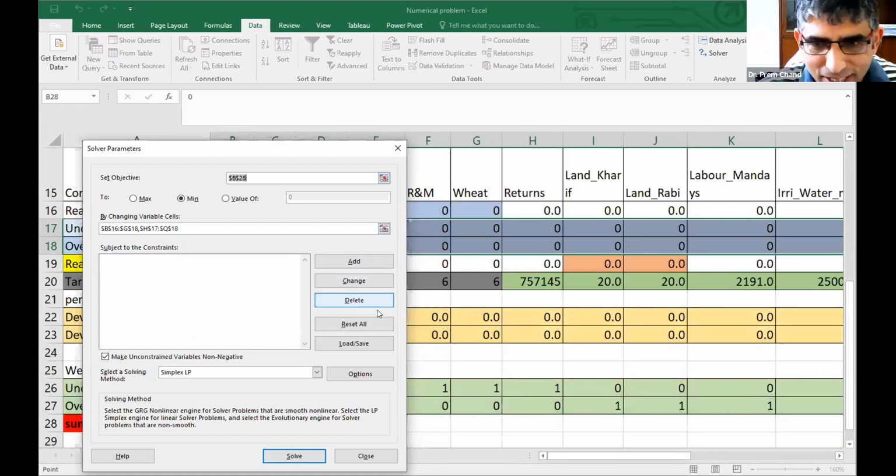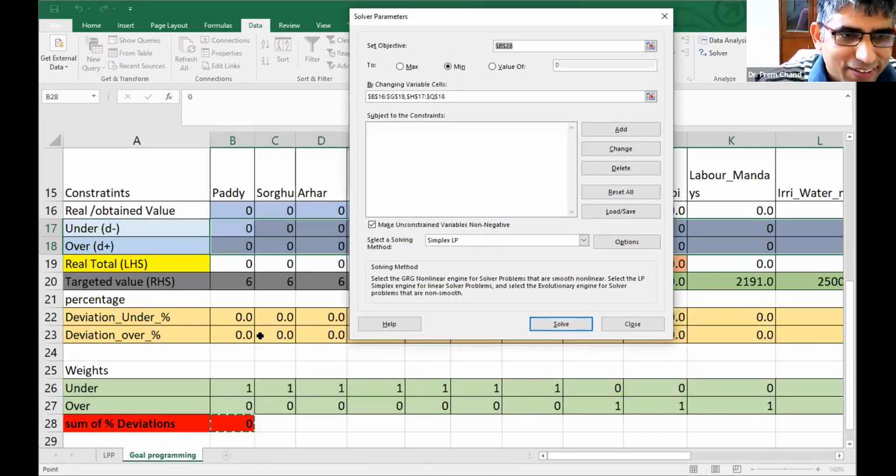So my constraint is this one, what? Right hand side, this one. Sorry, it has clicked here.